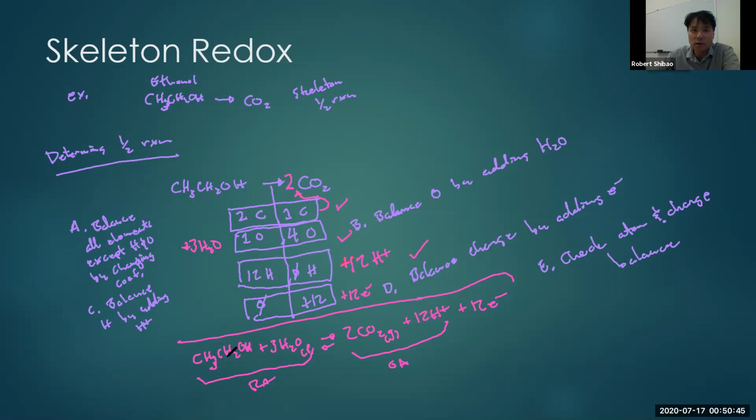The total charge on the left is 0 plus 0, 0. 0 plus 12 is plus 12, minus 12 is 0. And so the charge and atom balance checks out. And so this is the reaction. So if there was room on the chart, they would have included this.